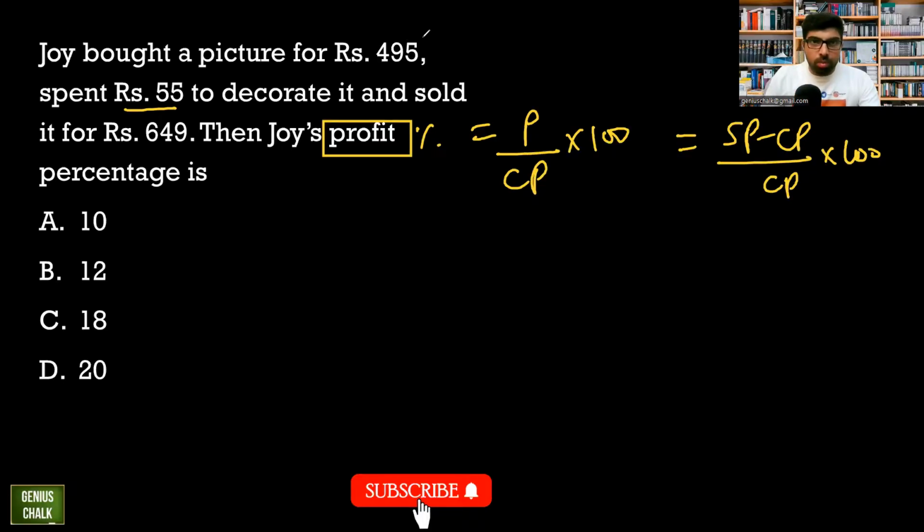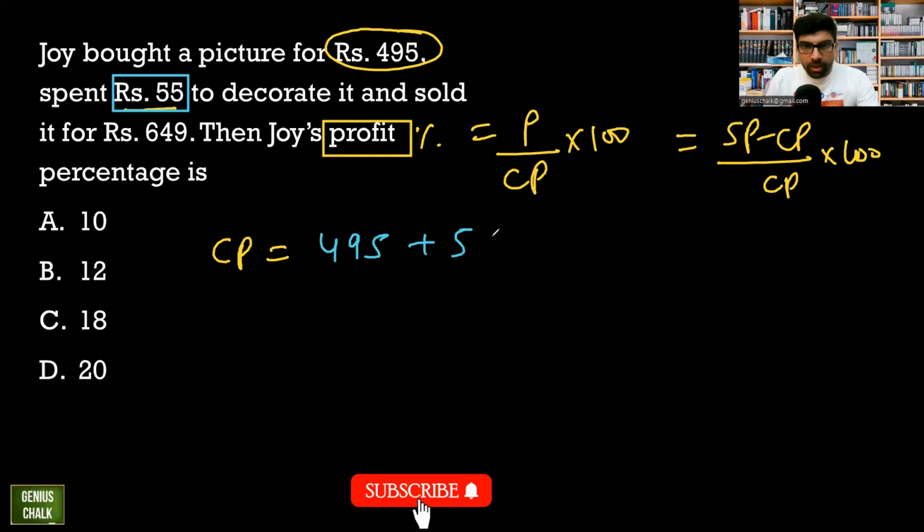Now, you see, he bought a picture for this. That means cost price. Let's find the total cost price first. The 495 he bought. Now, he spent rupees 55 as well. That means this is also a part of cost price. So this will also be added here because he spent his own money. So 495 plus 55, that is 550, right?